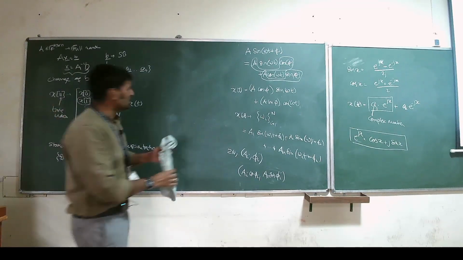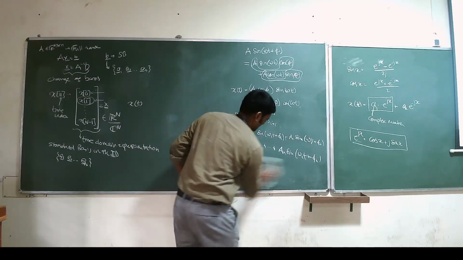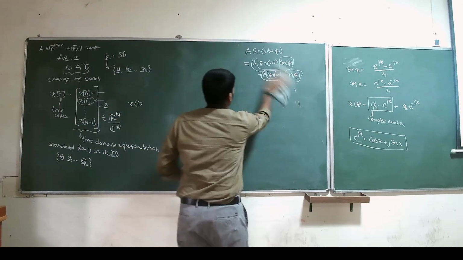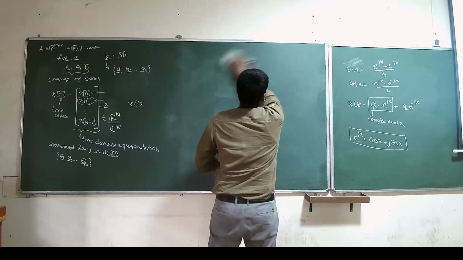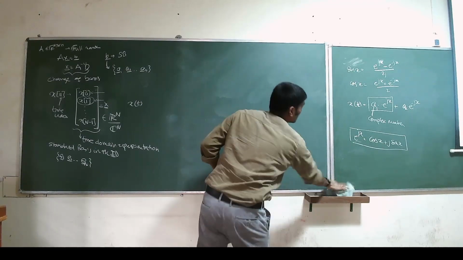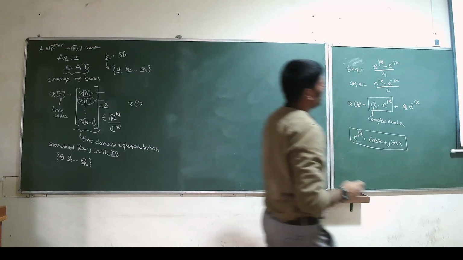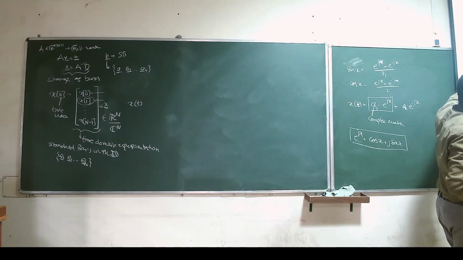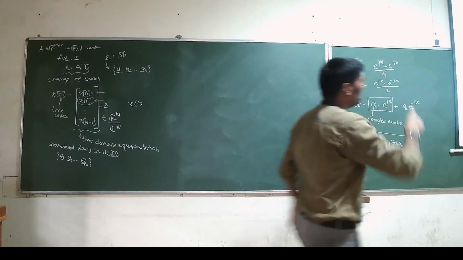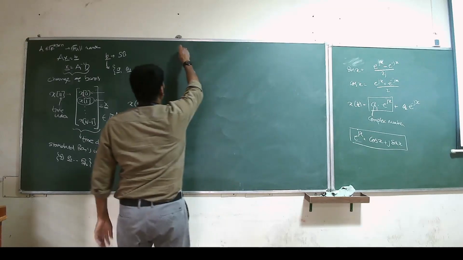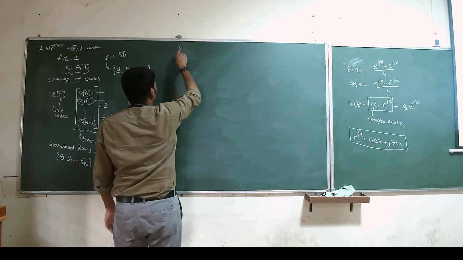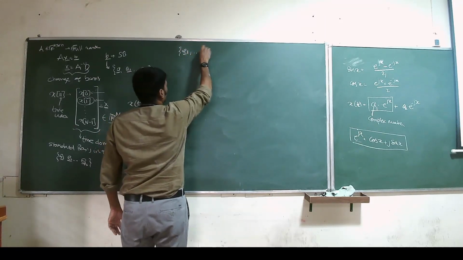If that is the case, we'll now define another basis. Our time domain signal was represented in this basis E1 to En.